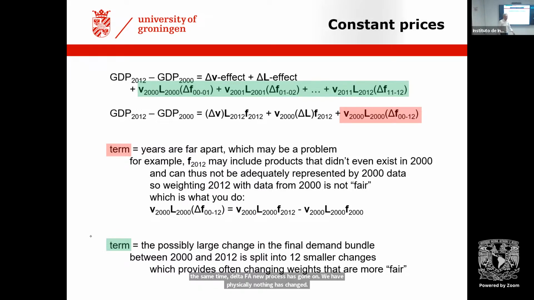So if you apply a structural decomposition analysis to decompose not GDP, but the increase in territorial greenhouse gas emissions, I can guarantee you that this term is largely overstated, and this term is largely understated.